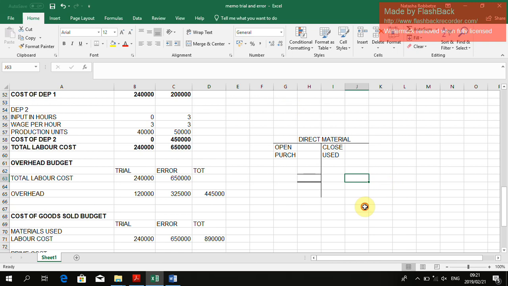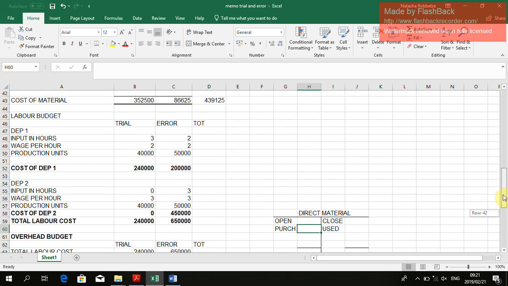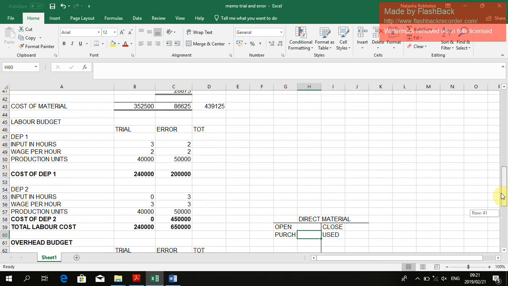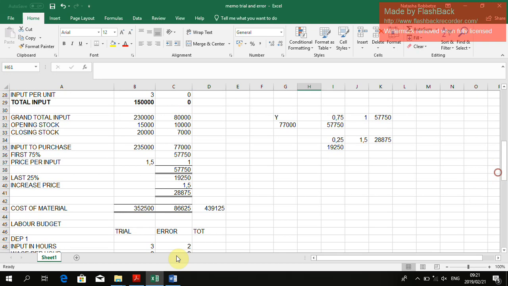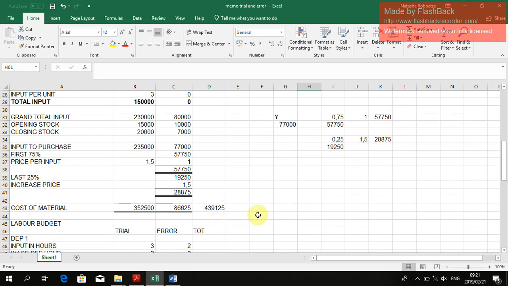So what you will do is say the purchases will be the easy part, because we have already calculated the purchases. If I go to my material purchase budget, the material purchases have added up to this amount of 439,125.